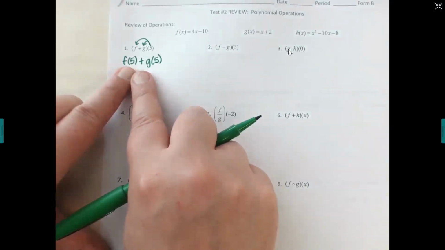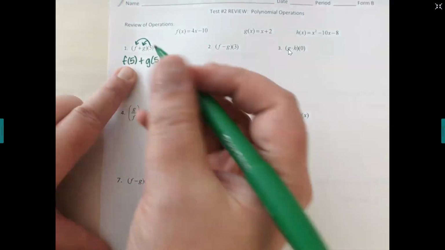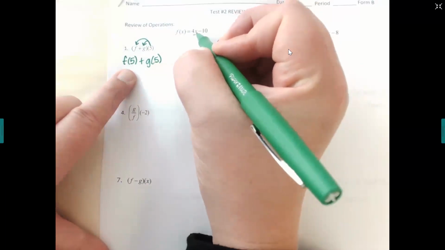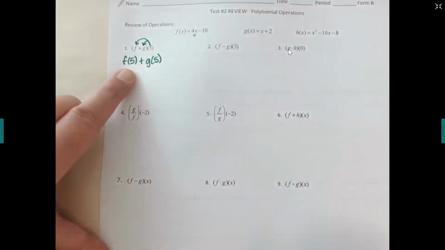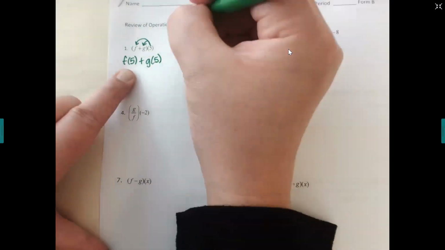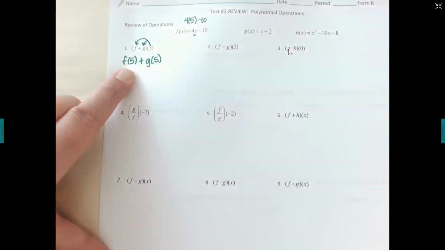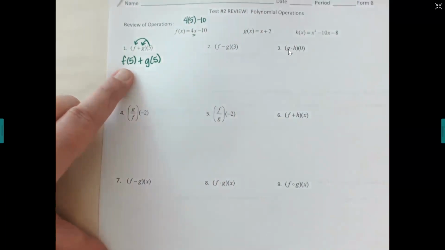So first let's start with f of 5. F of 5 means that you're going to take the number 5 and put it right here. So instead of 4 times x minus 10, now it's 4 times 5 minus 10. What's 4 times 5? 20. And what's 20 minus 10? So my first number is 10 plus.